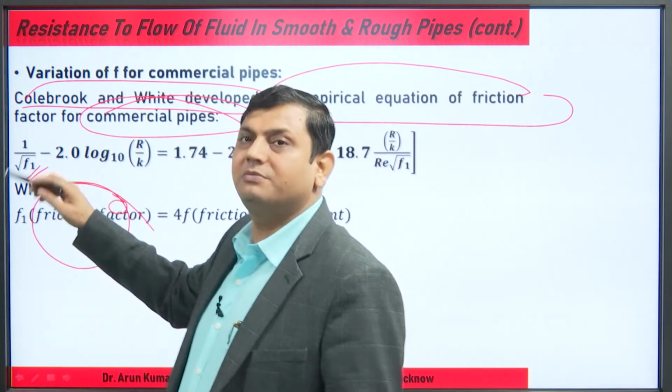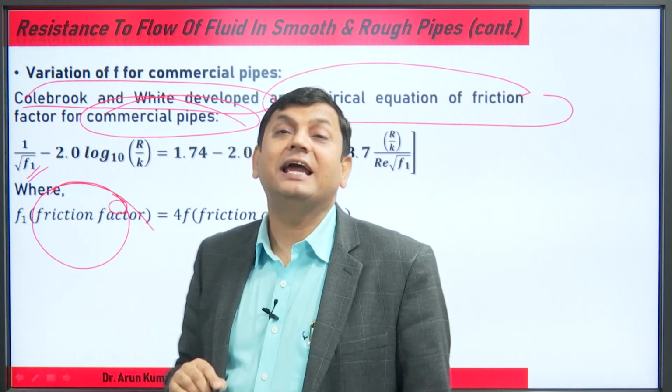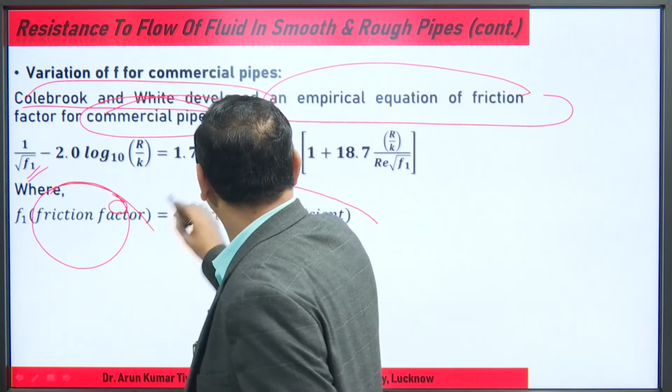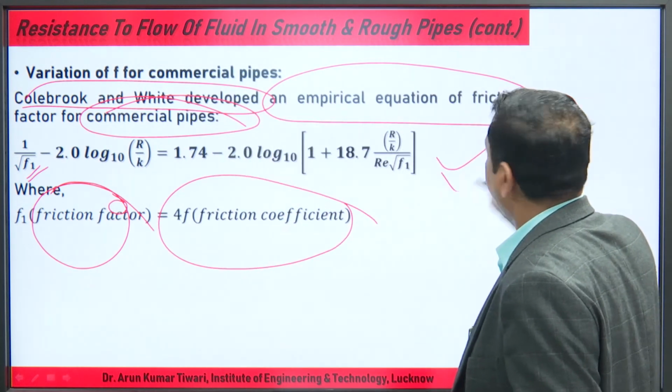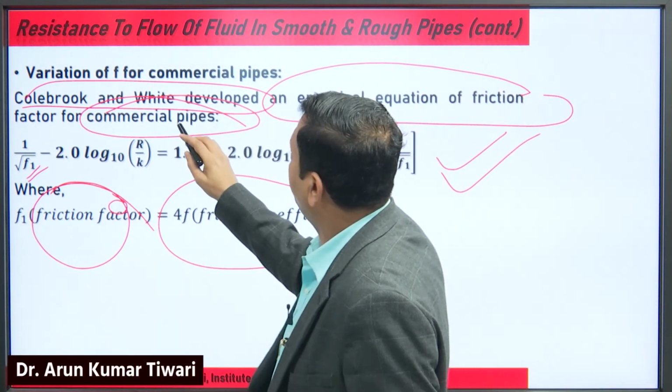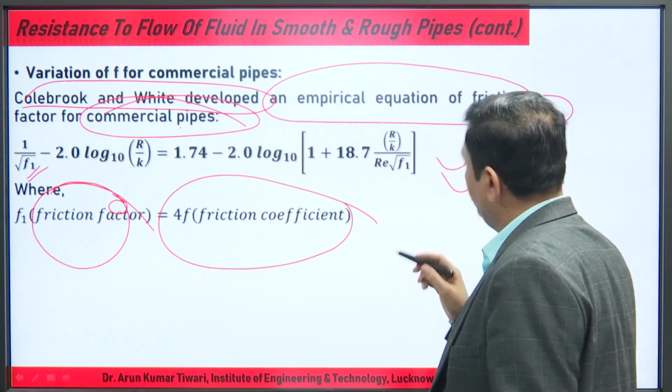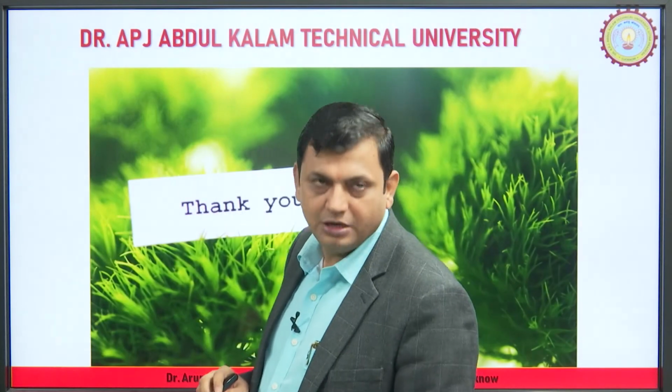If you want it in terms of the friction coefficient, you multiply by 4. This is again a very important correlation for the commercial pipe, developed by Colebrook and White. It is an empirical relation.